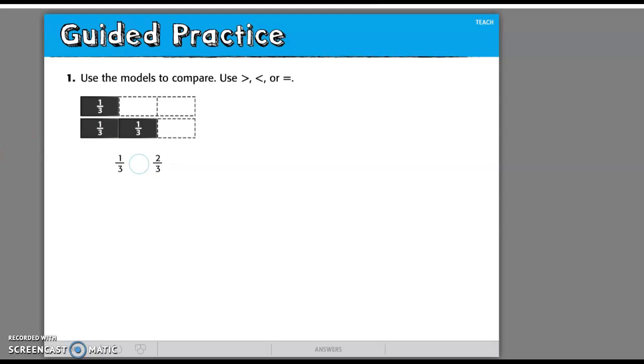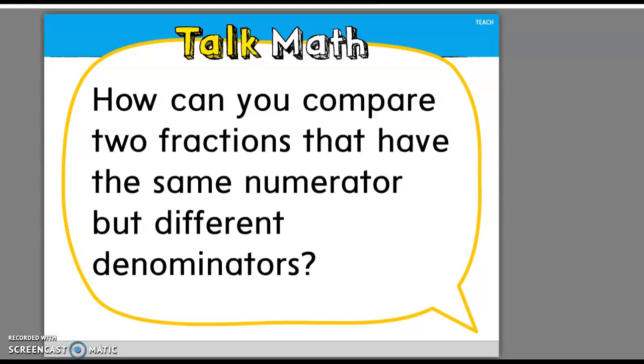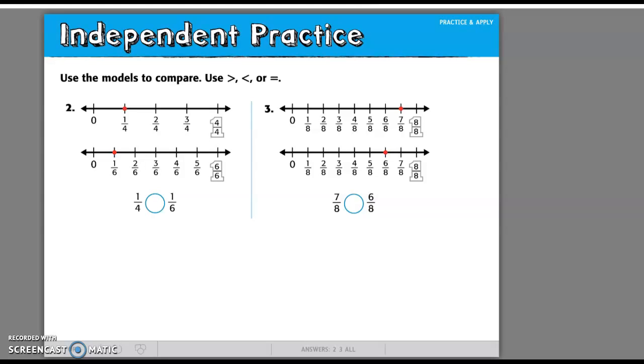So 1/3 is less than 2/3. All right, moving on to the next page in your book. We're going to look at some number lines and use a number line to compare.